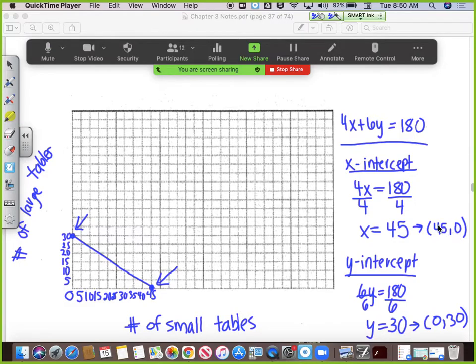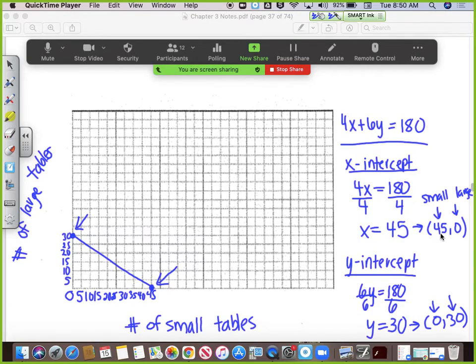Anyone? Well, x is the number of small tables, so this point here would represent you can get 45 small tables and rent 0 large. All right, so that to get all the tables you would need, you could do that and that. Or what does this one represent?